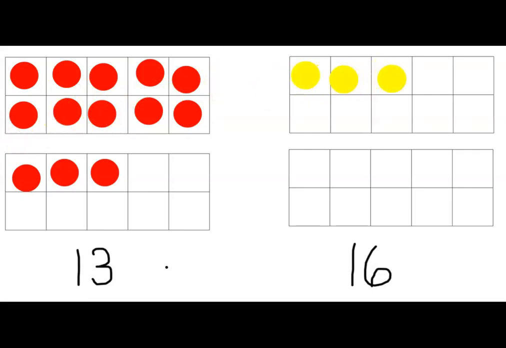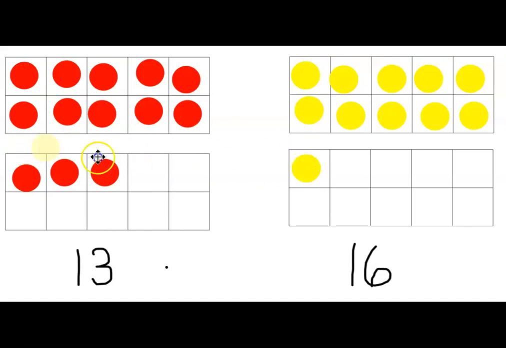Count with me. 3, 4, 5, 6, 7, 8, 9, 10. So it's the number 16, so I already have 10. How many more do I need? You are right, we need 6 more.